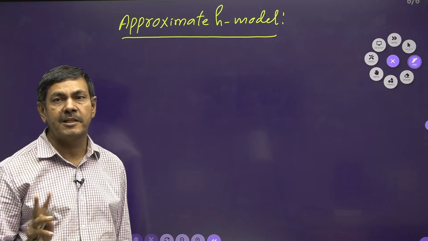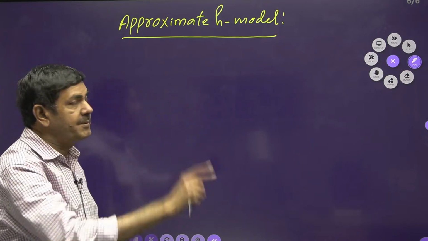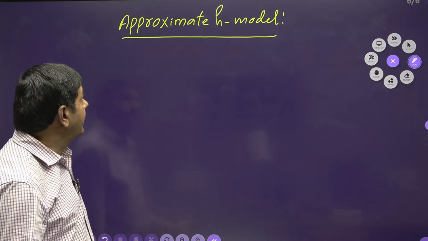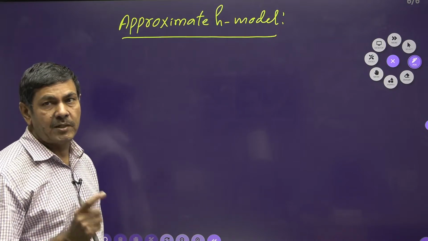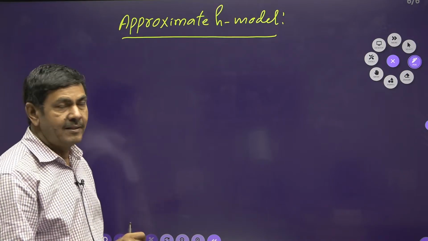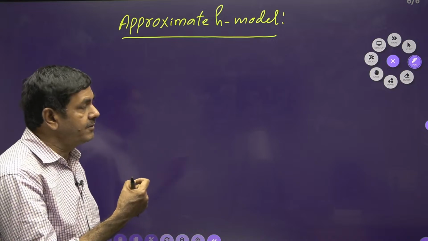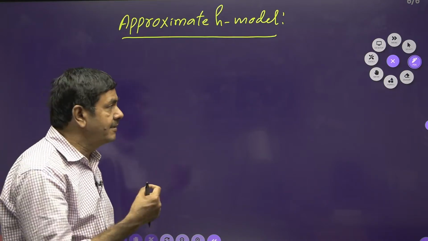Only two H parameters will be given. When two H parameters are given, you need to apply the approximate H model. I already gave the H parameter equivalent circuits. By using that circuit, I will get the approximate H model. Then I will work on the formulae which are used in GATE, which I will also derive.